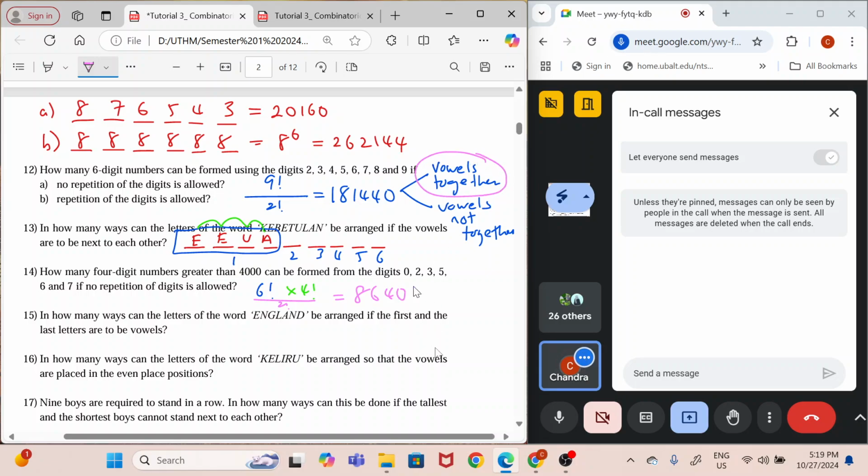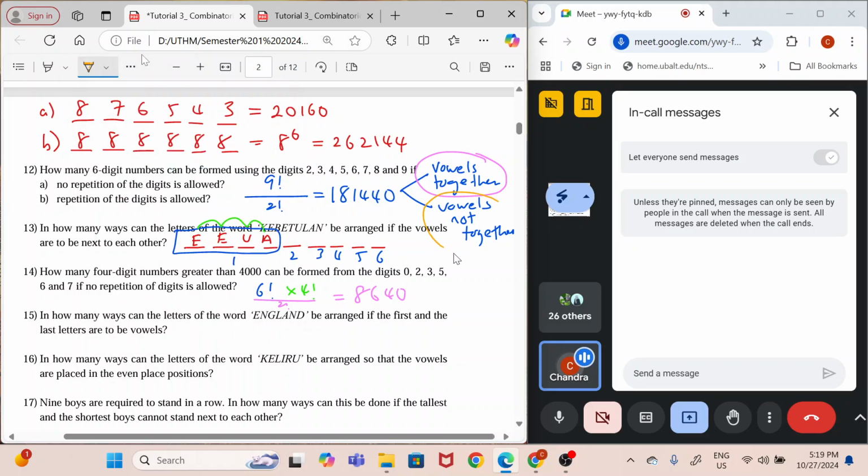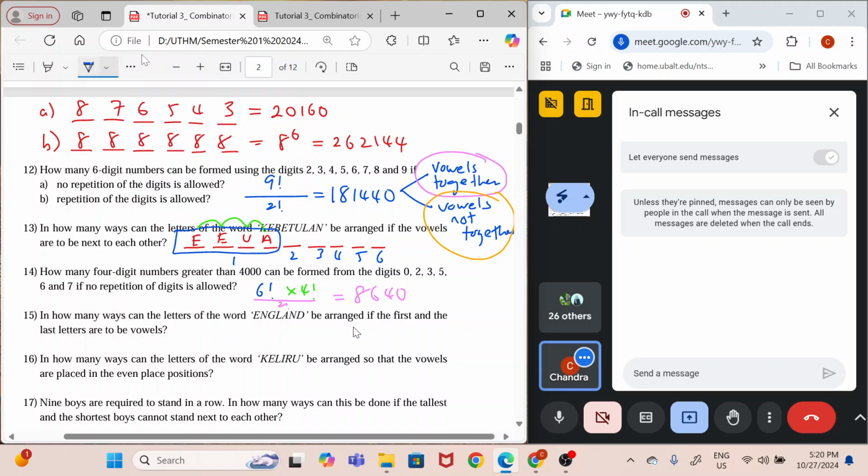Vowels are together. Okay, how much is vowels are not together? What do you have to do? 181440 minus 8640, you will get the vowels are not together.